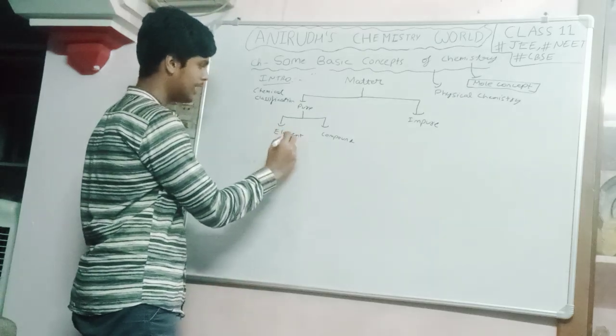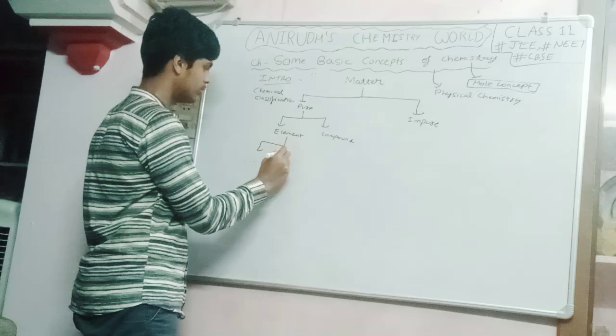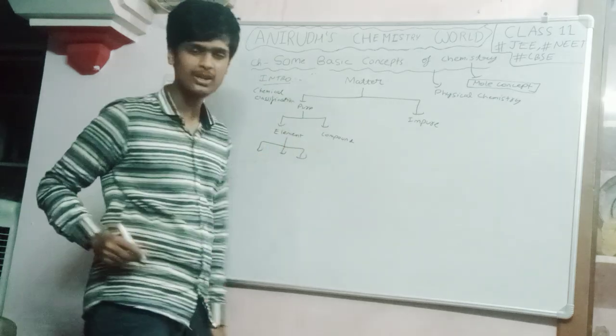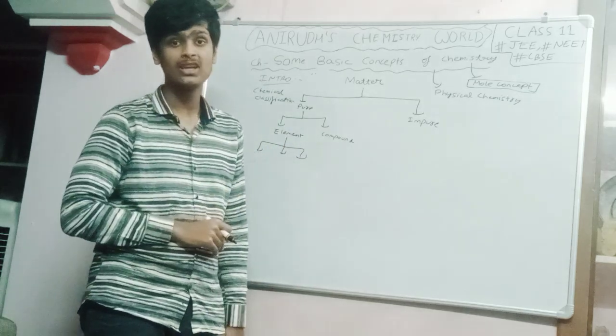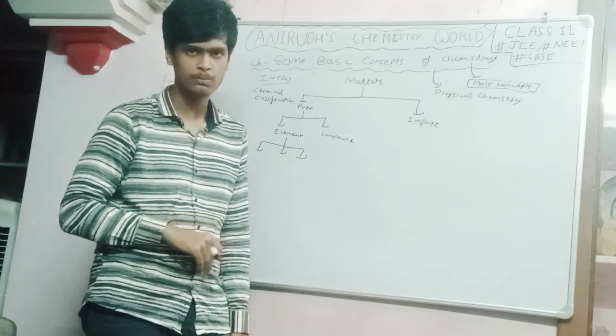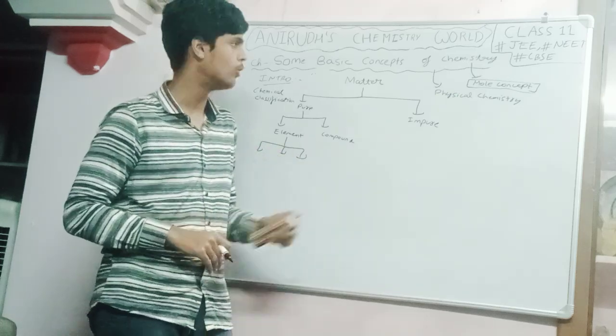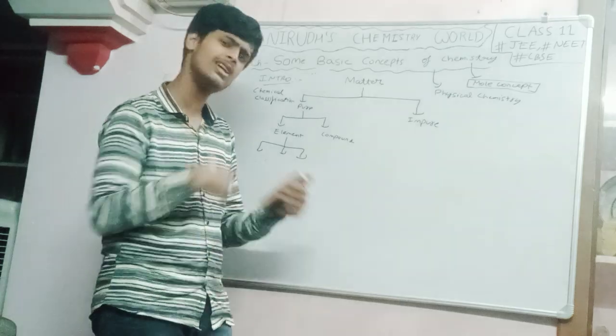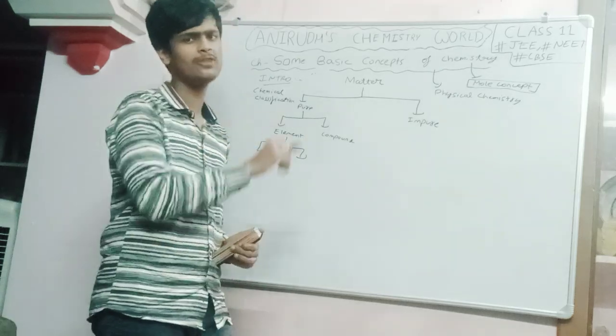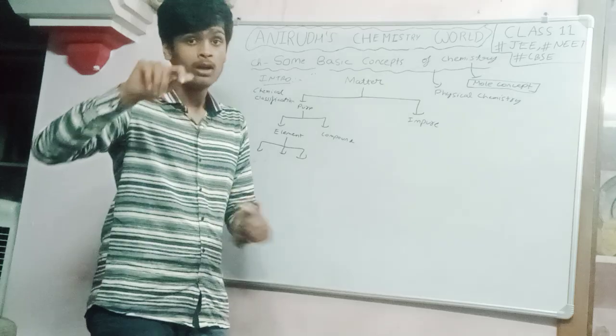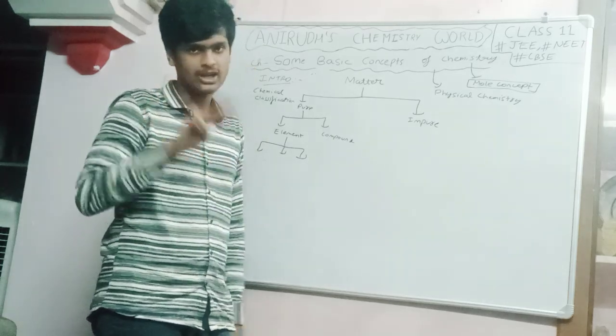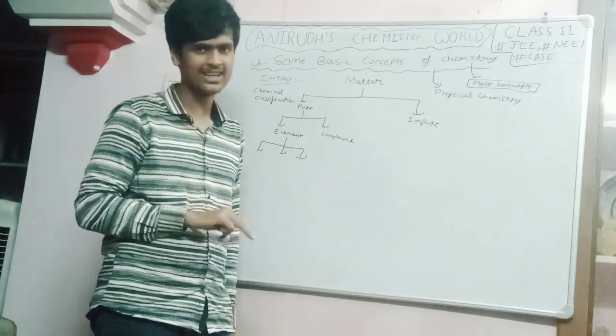Okay? Now elements are again divided into three types, based on the periodic table, you might have observed if you have ever seen it. Okay, if you don't know about the periodic table, we will learn it later. I am going to explain it very clearly. Don't need to worry. First one is metals.